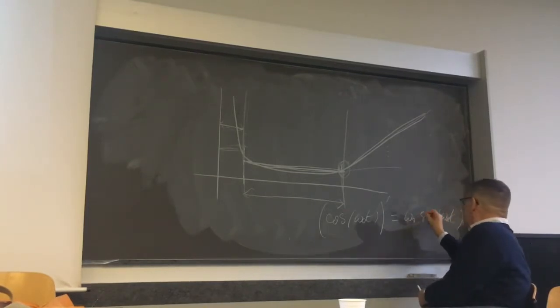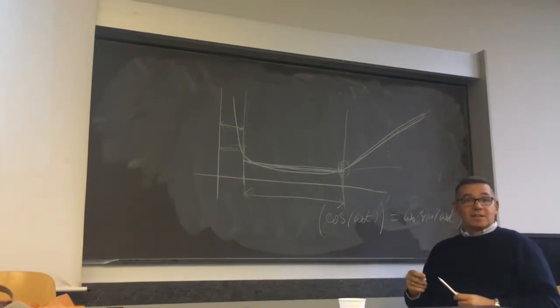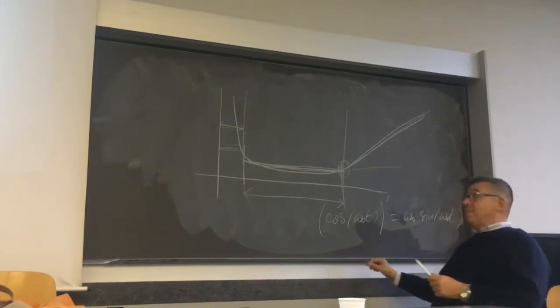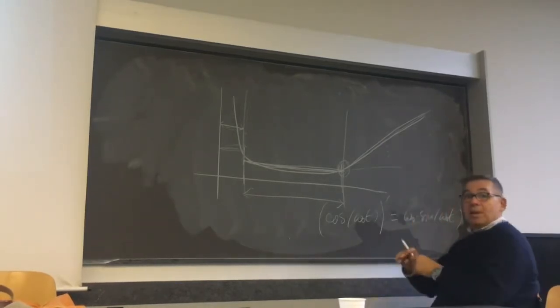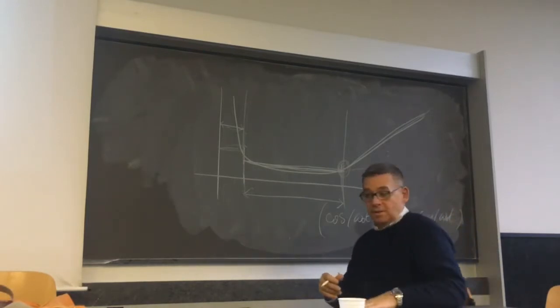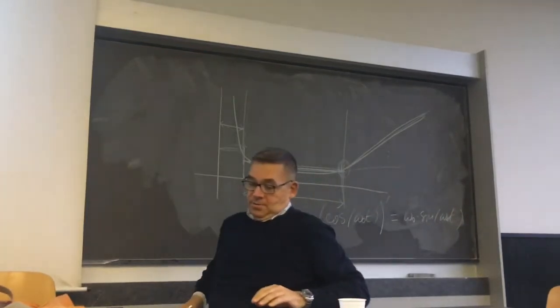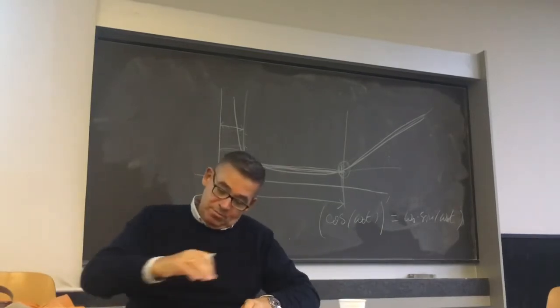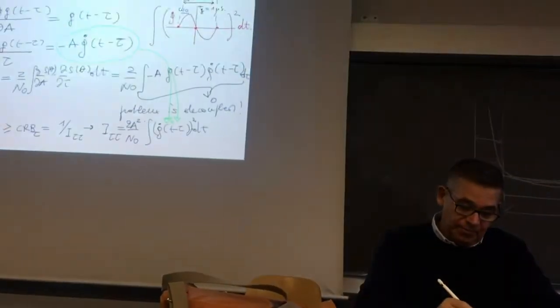Sorry, minus, but it's a square, so it doesn't change. Is it clear? When you make it a square, it's omega 0 squared. So let me continue.